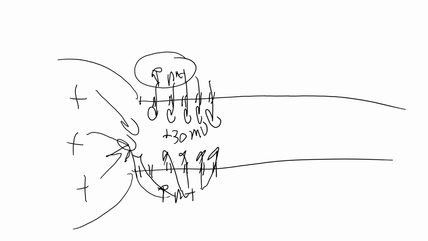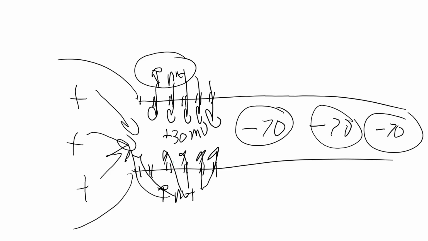What I mean by will be is that the action potential by no means is over just yet. And why would that be the case? Because has anything changed throughout the axon? And the answer to that is no. Throughout all of the other axonal regions, it is still negative 70 millivolts.